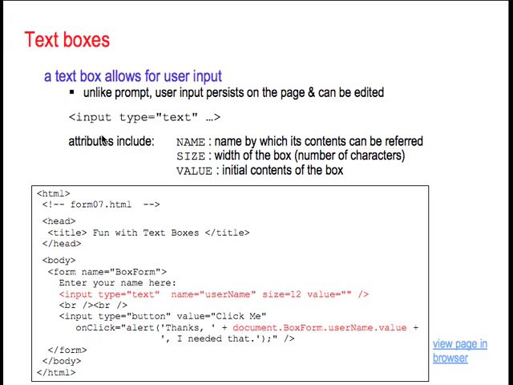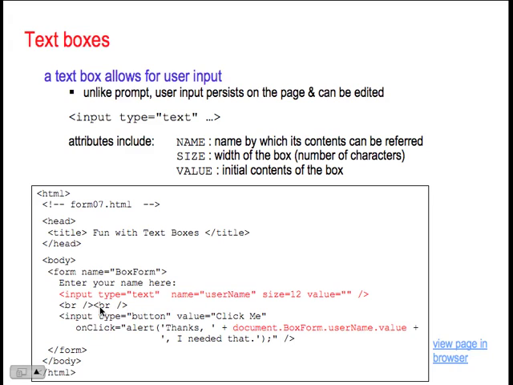That's a label, but it's not really a label. It's just text that's going to be showing on the screen, which the purpose of it is a label by theory. Input, and you can actually create labels though, instead of just making them text. Input type is going to be text. The name is going to be username, and the size is 12, and the value is going to be empty, which means there's nothing that's going to show up in the box.